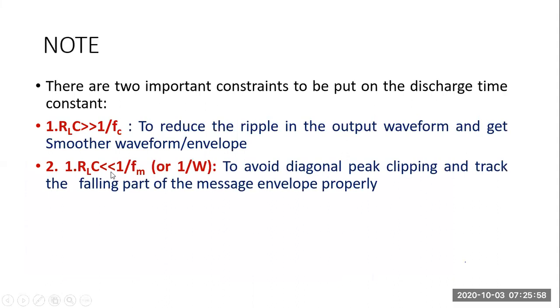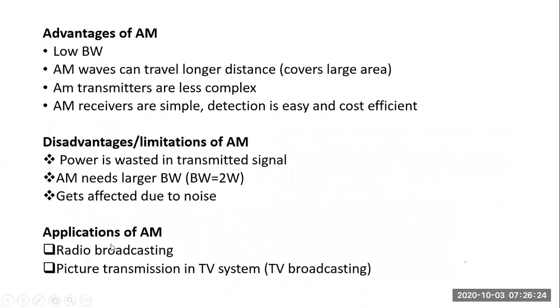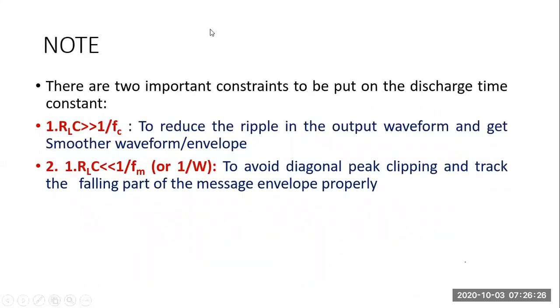The second condition is RL × C should be much less than 1 by Fm, which will avoid diagonal peak clipping and track the falling part of the message envelope correctly. These are the two important conditions for the envelope detector which should be satisfied, and we have to remember. So I'll stop here.